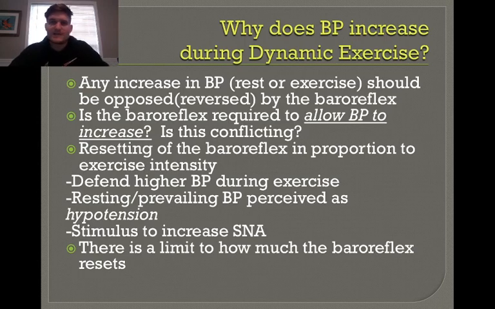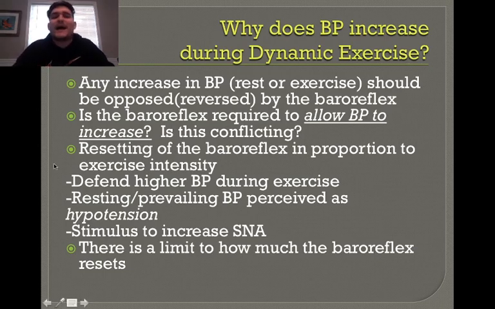And as we saw in the last slides, it needs to be intact in order for blood pressure to increase. And this can be conflicting because we thought that it has a certain role to oppose changes in blood pressures, while during dynamic exercise, it seems to be allowing for this increase in blood pressure.